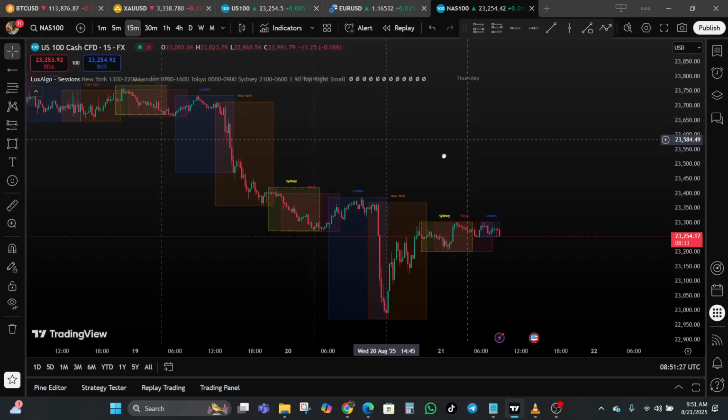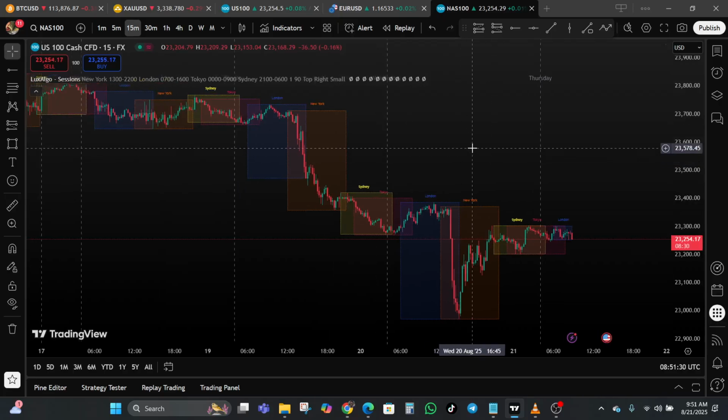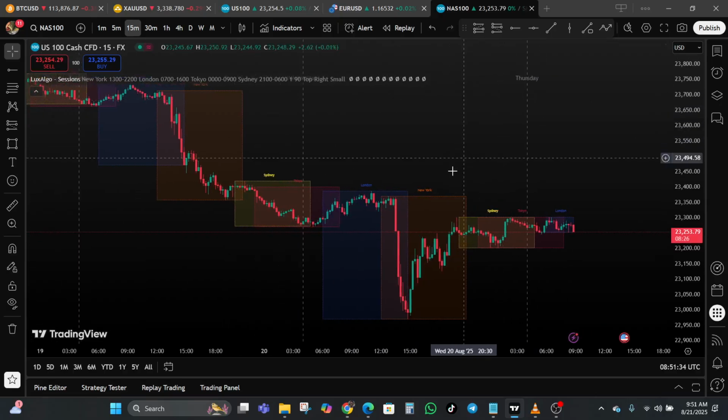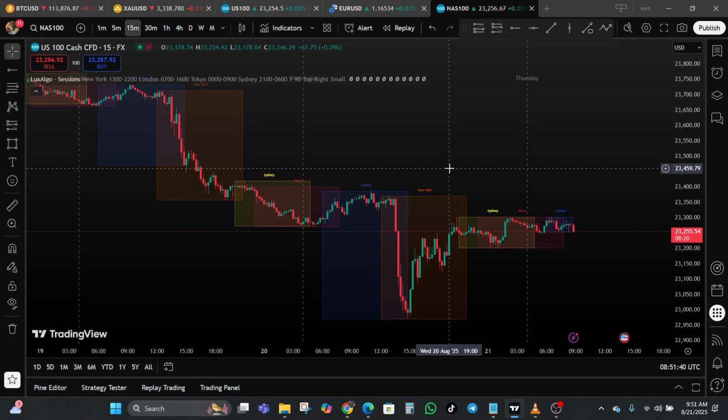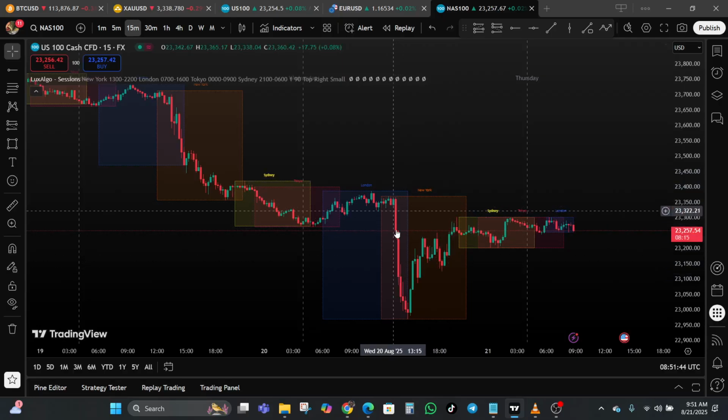Now, next, we have the fair value gaps. These imbalances occur when price makes an impulsive move in one direction, leaving behind inefficiency, like what we can see that happened here.